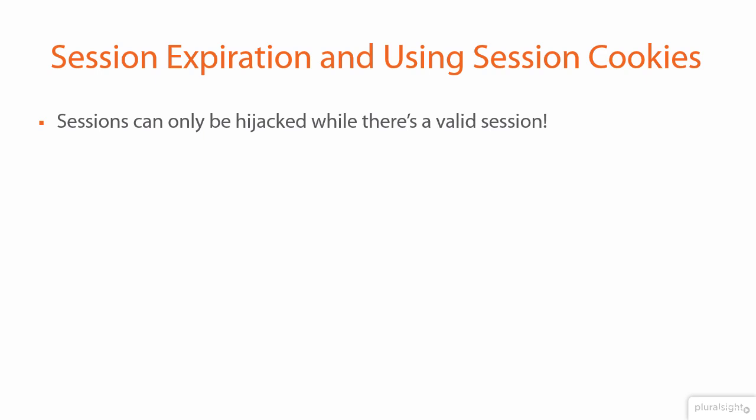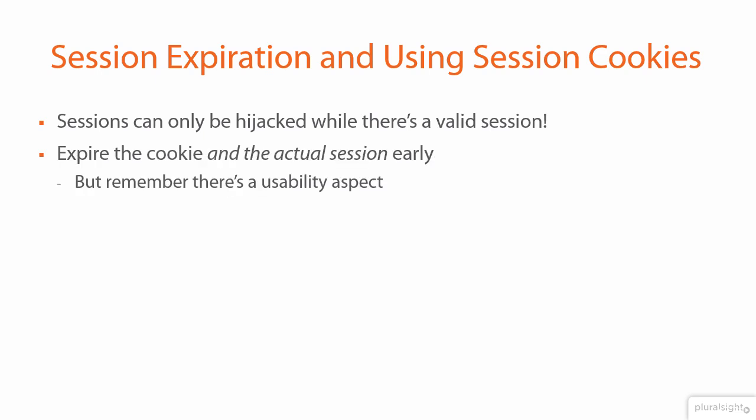If we could expire the session, and then the attacker got hold of the session ID, they couldn't do anything with it. Likewise, if we could expire the cookie early, such that the user no longer had it, then that would minimize the risk. And it's worthwhile just quickly clarifying the difference between these two things as well. An expiry on a cookie tells the browser how long to keep it for.